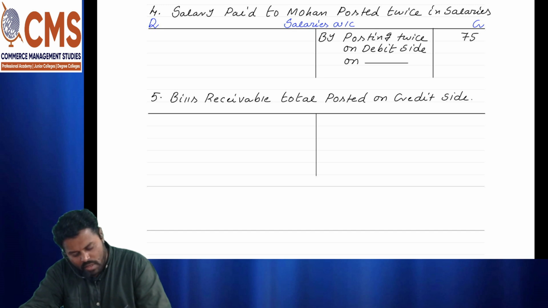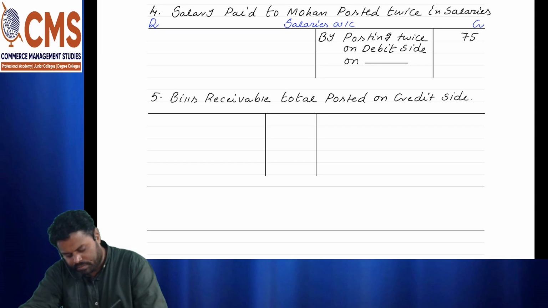So in bills receivable account, on which side will you do the posting? Debit side, because that is the correct side. And what are we writing? 2.